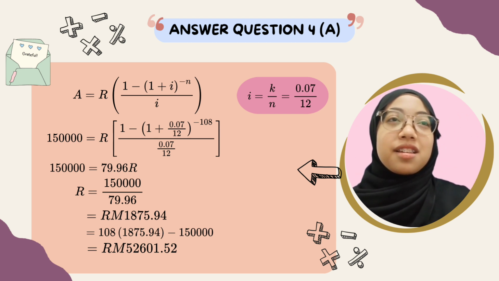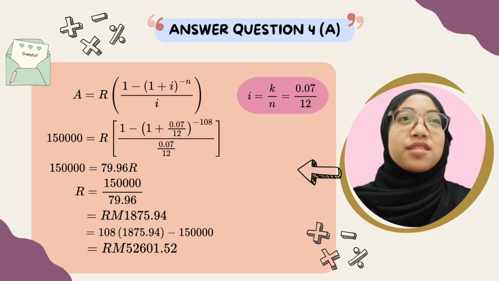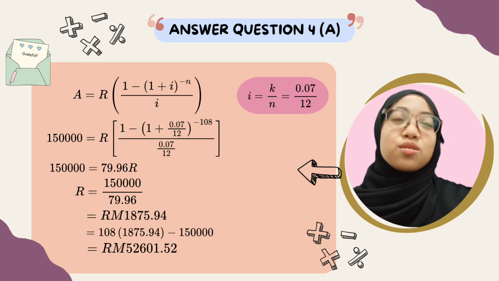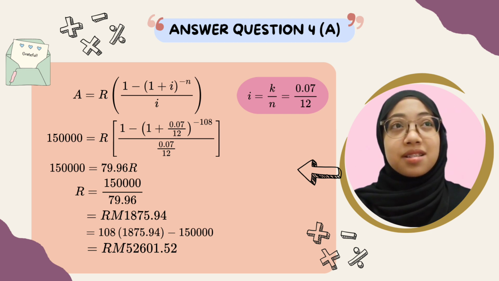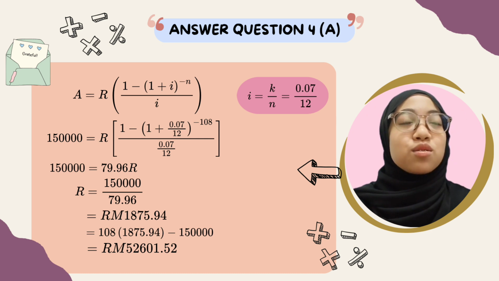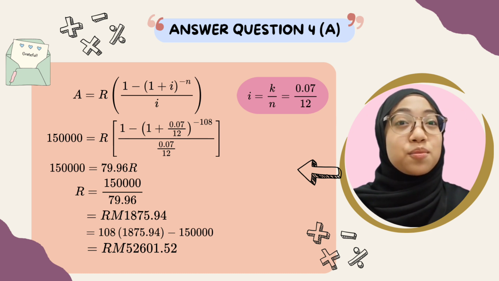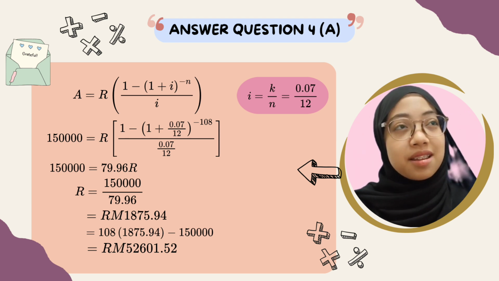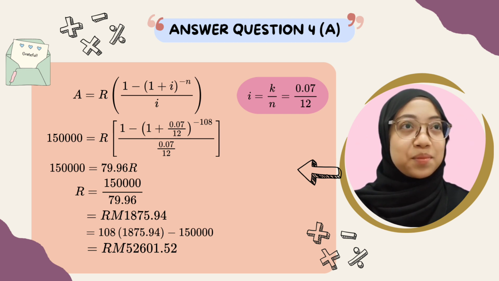A in this question is 150,000 equals R, bracket 1 minus another bracket 1 plus I. As you can see, I equals K over N. K in this question is 0.07 because the rate is 7%, and N is 12 because it is compounded monthly.